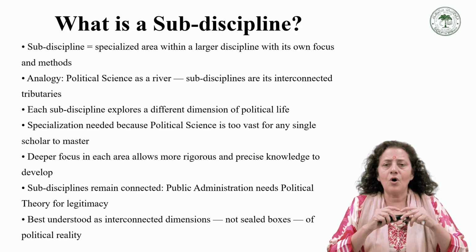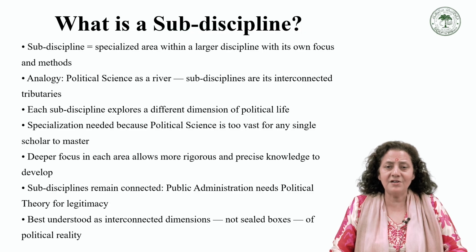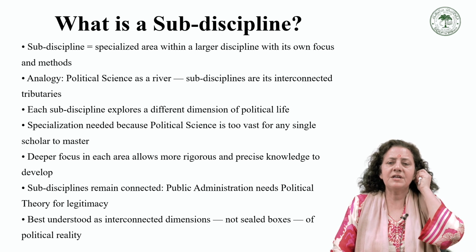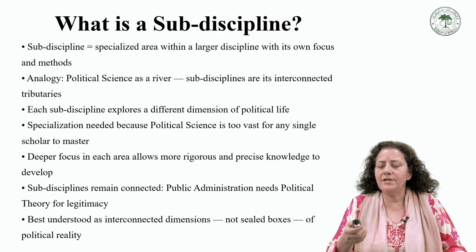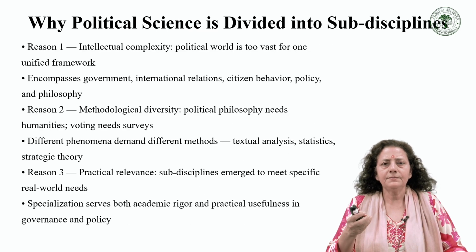A student of international relations needs public policy to analyze how foreign policy decisions are made. The subdisciplines of political science are therefore best understood not as separate sealed boxes, but as deeply interconnected dimensions of a rich and complex whole that together illuminate the full reality of political life.